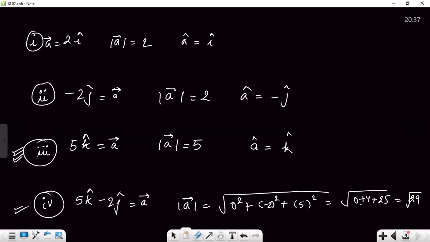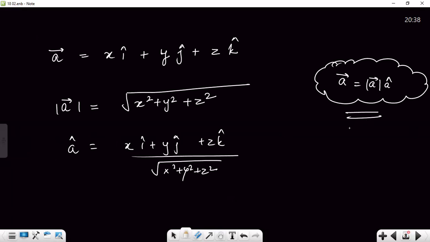What is its unit vector now? Come on, tell me what is the formula for finding out the unit vector of A vector? How do we find A cap here? It is simple, yaar.